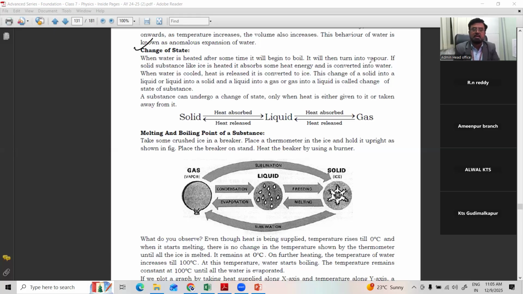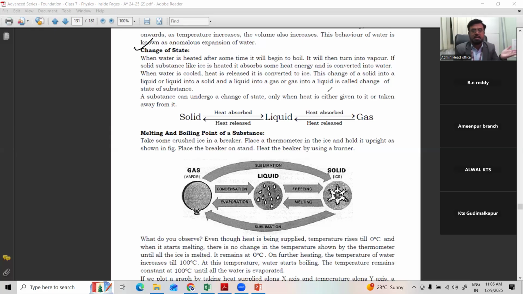Now, when water is heated, after some time it will begin to boil. It will then turn into vapor. If a solid substance like ice is heated, it absorbs some heat energy and converts into water. When water is cooled, heat is released and it is converted into ice. See, all this happens in our house also. This change of solid into liquid, or liquid into solid, or liquid into gas, or gas into solid is called change of state of a substance.